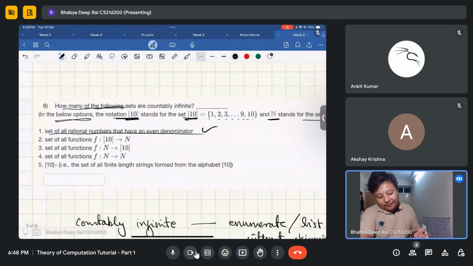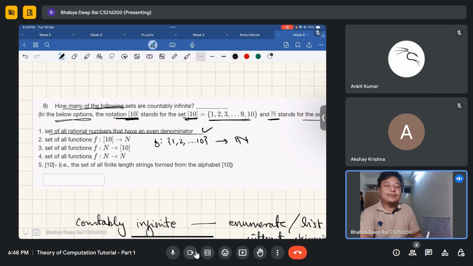Next is the set of all functions of the form f from 1 to 10. What does this mean? It means f takes a number from 1 to 10 and gives a natural number.